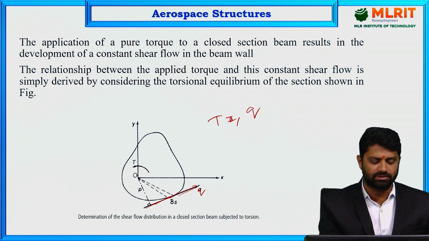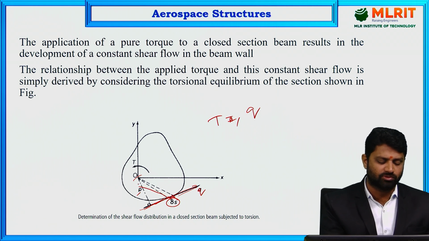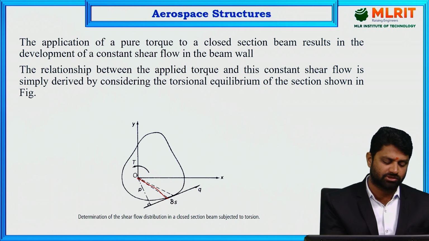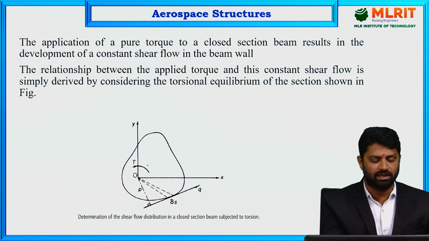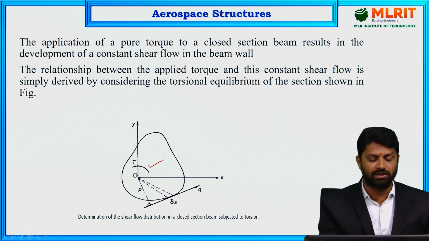You consider one small element whose width is delta s, and let p be the perpendicular distance from the origin to the tangent drawn here. The torque T is applied, and we are trying to derive the relationship between applied torque T and the shear flow q.